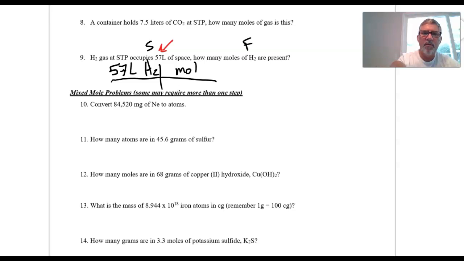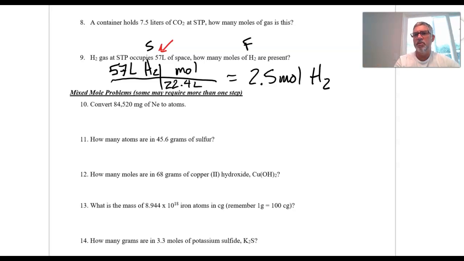So down here, I put 22.4 liters. All right, when I do that, I'll get 2.5 moles of H2. Remember, I had 2 digits here, so I have 2 digits there. Okay, that's the way we do our significant digits if you're new to that game.